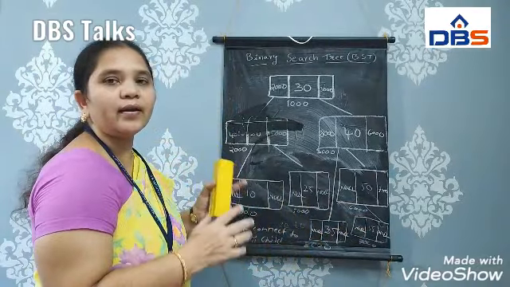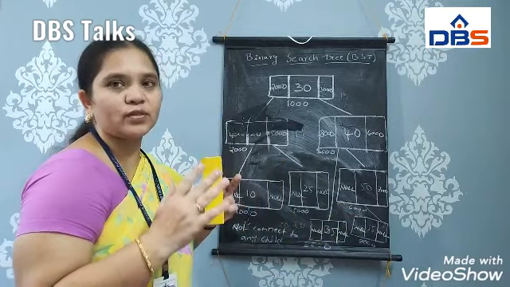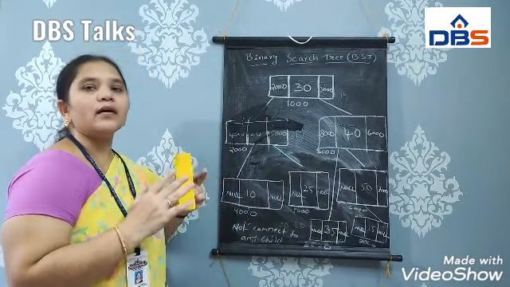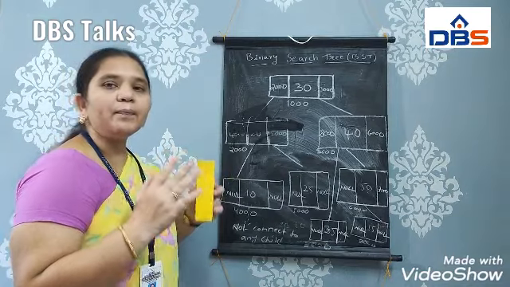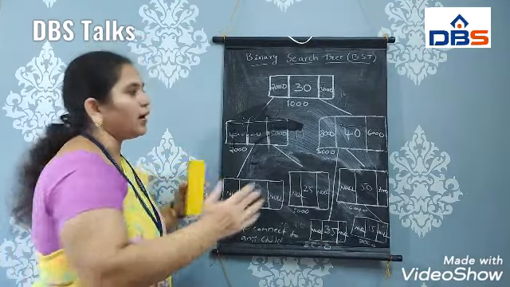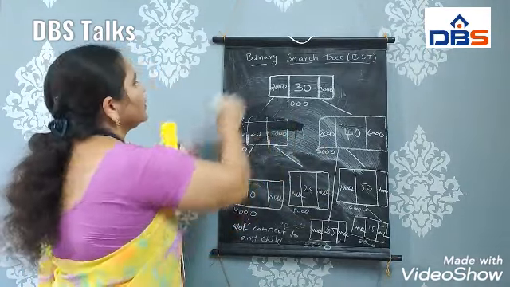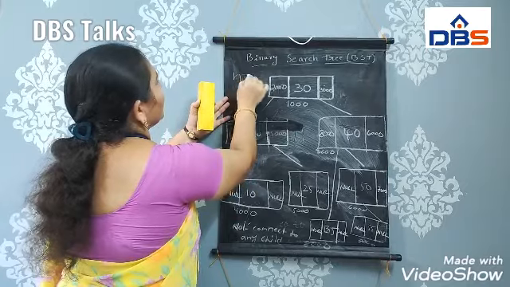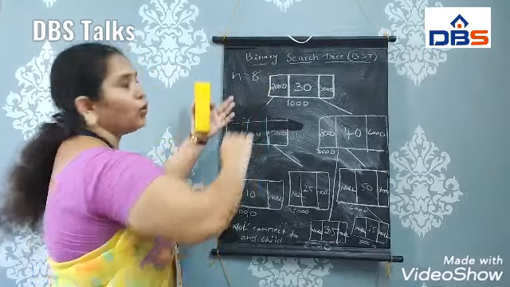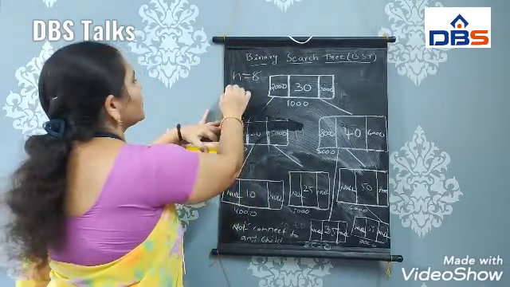In this binary search tree we have 8 nodes, and we also have n plus 1 null nodes. So n means the number of nodes. How many nodes? 8 nodes. So how many null nodes?